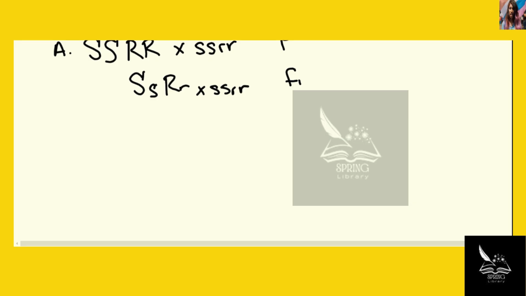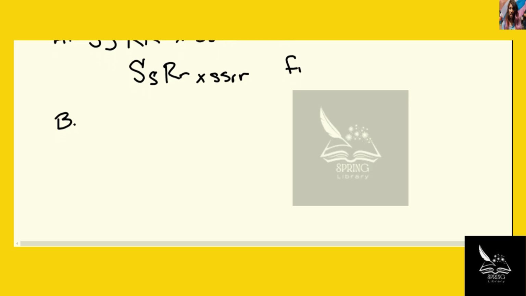Okay, so part A was just to construct these, and now B is we're going to do our standard Punnett square. So if we have this heterozygous, that can break down into 4 possible gametes, sort of one of every flavor.